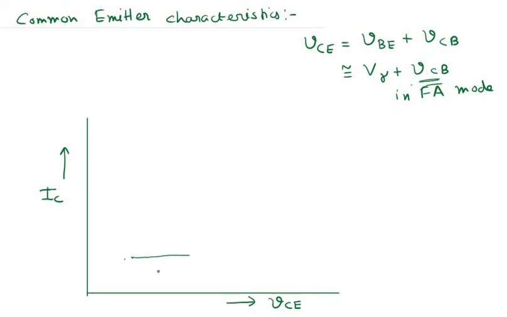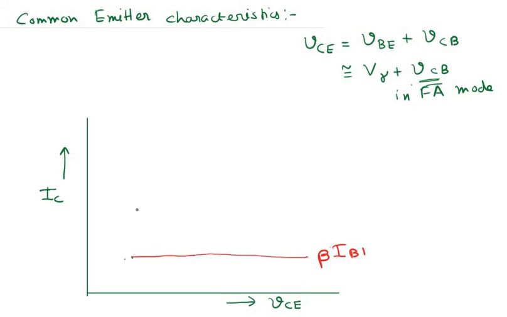So the collector current, let me draw with a different color actually, is constant with VCE. This is for a given base current IB1, and as we know the collector current is dependent on the base current via this factor beta, so this is beta times IB1.